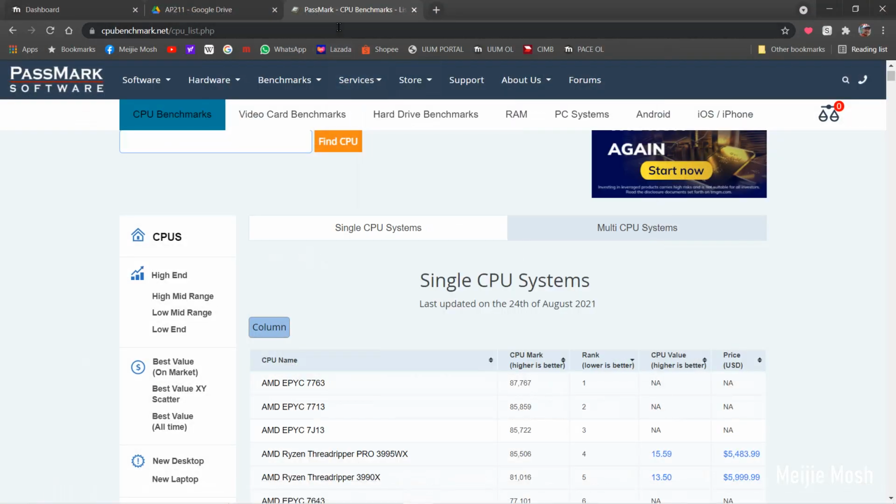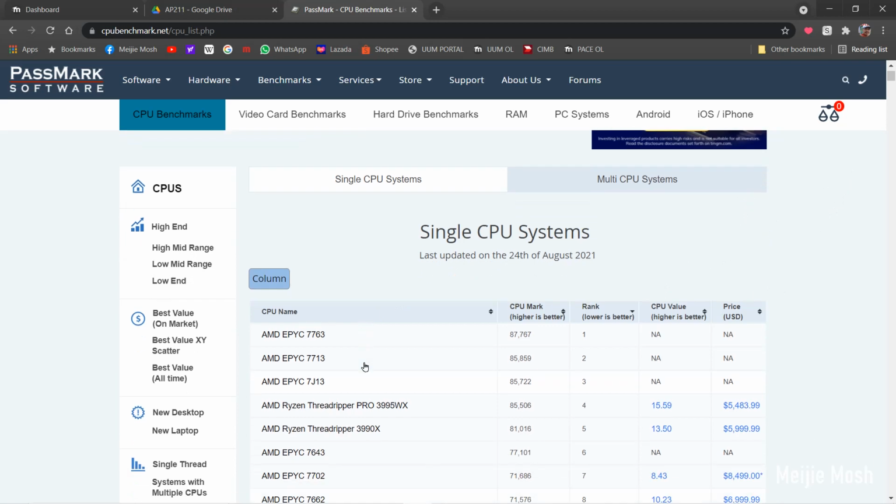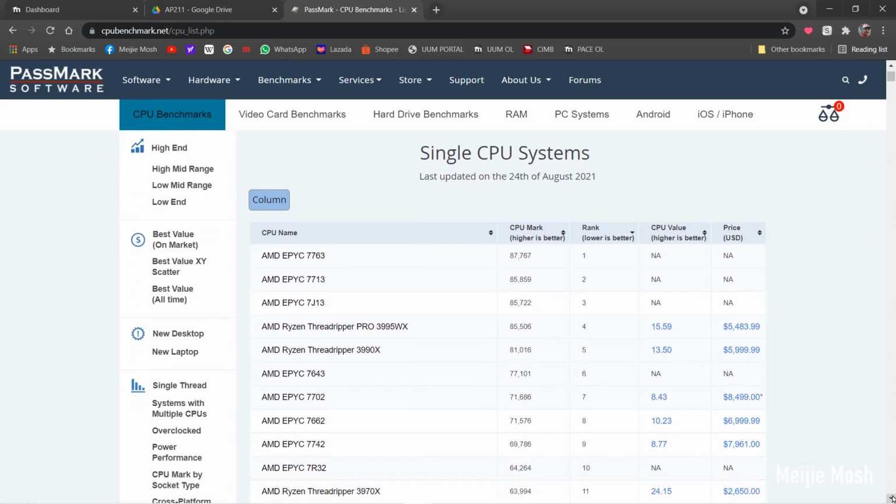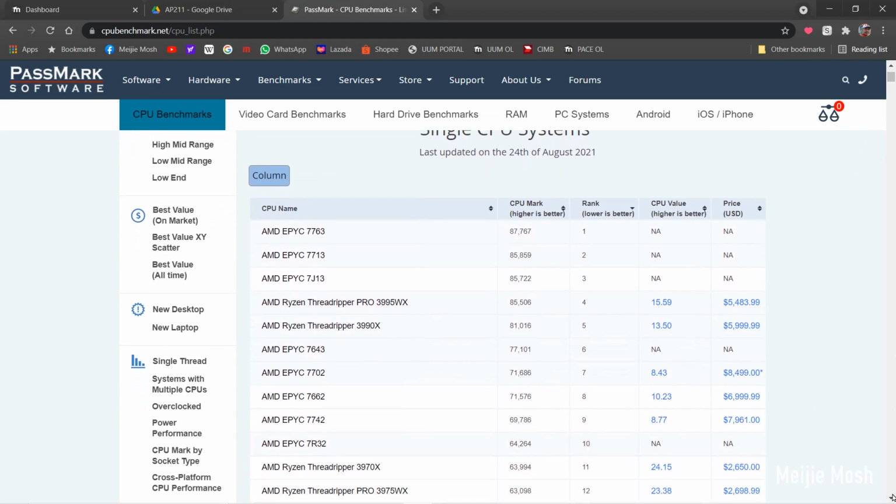Okay, this is the website that has the CPU benchmark. Here are lists of CPUs. This is updated on the 24th of August. We have the CPU name AMD, and there are a lot of variants of AMD CPUs. We have the AMD EPYC, AMD Ryzen.